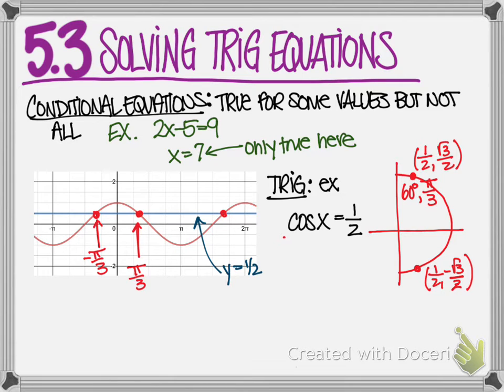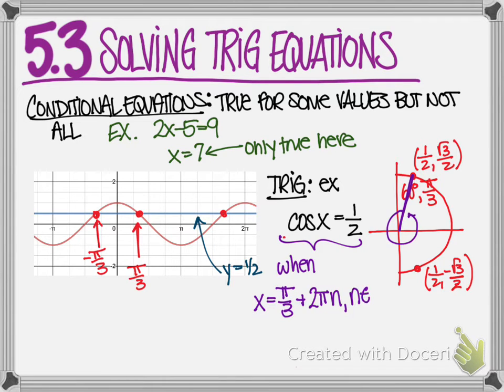So cosine of x equals 1/2 when, a couple different ways we can write our answers, right? In this first quadrant, when x equals pi over 3, or any coterminal angle with that, right? I can go around the circle as many times as I want, so I can add 2 pi n, where n is an element of the integers.